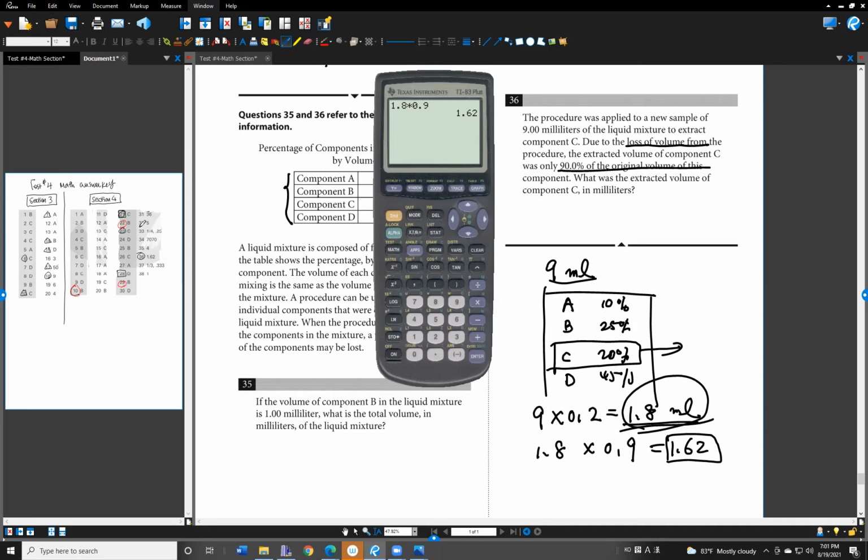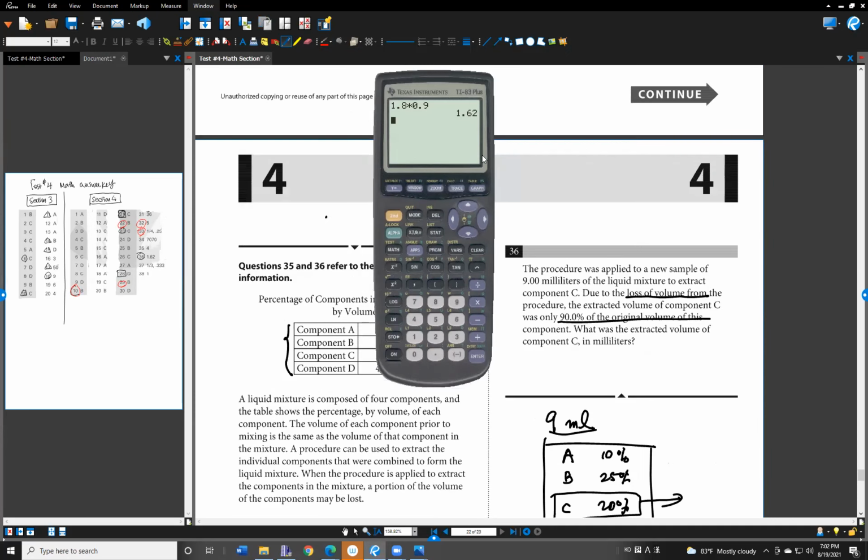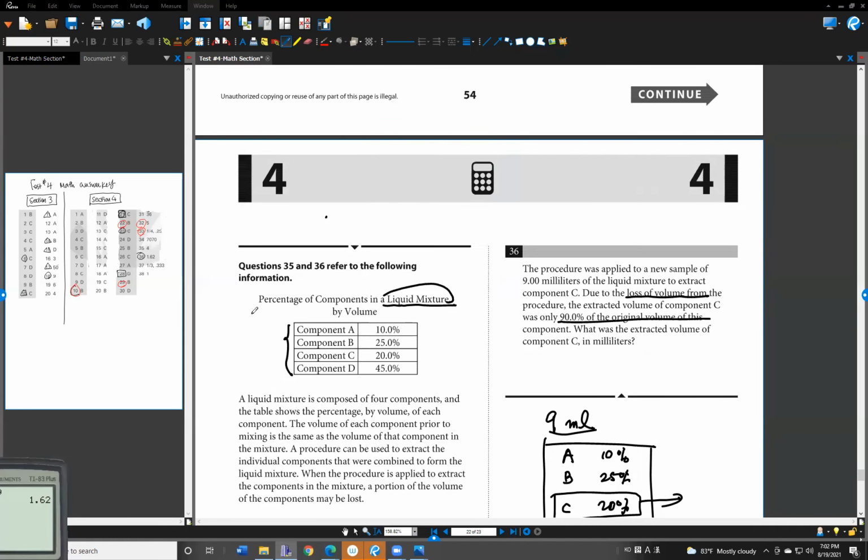And 32 and 33, and 36 we did, right? Okay, that's all. Now let's do this one, number 10. We don't need a calculator.